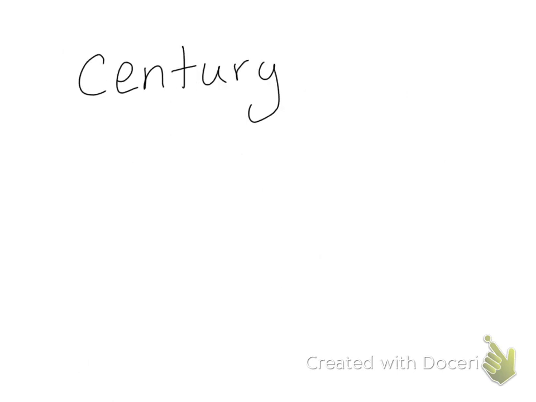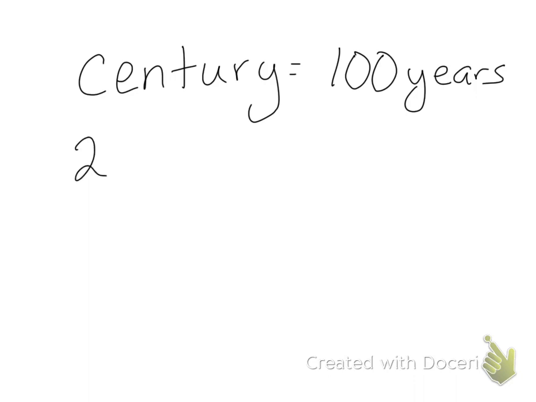Now, people who have lived for 100 years are called centenarians. Ooh, that's a hard word to say. They have been alive for 1 century. A group of 100 years is a century. So, if we have 2 centuries, that's going to be 200 years, or 2 groups of 100 equals 200.